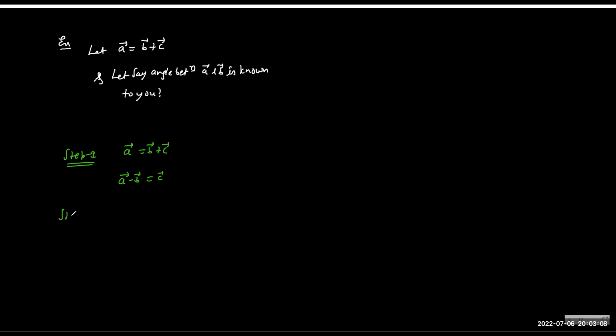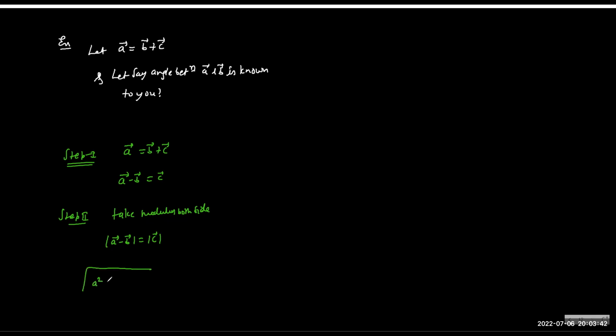Step two: take modulus on both sides. If you take modulus on both sides, what will happen? A minus B equals C, like this. And because we know the angle between A and B, can we write the formula now? Under root of, or you can square right away. The formula will be how much?